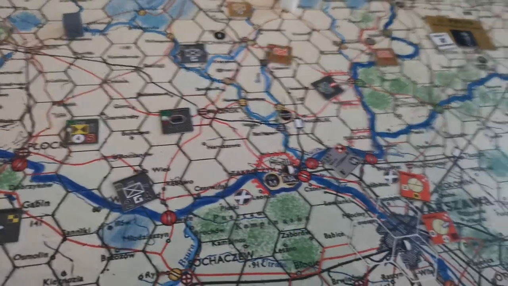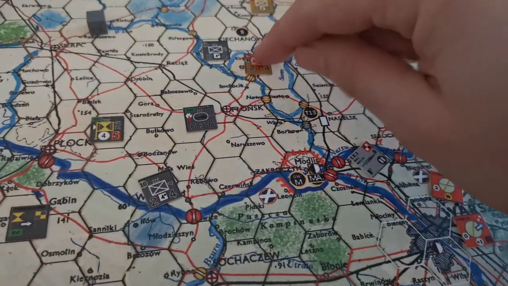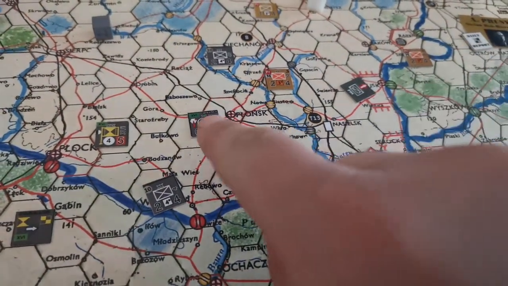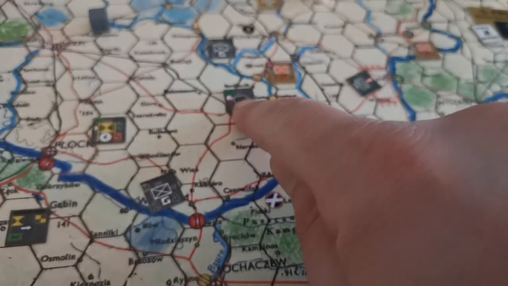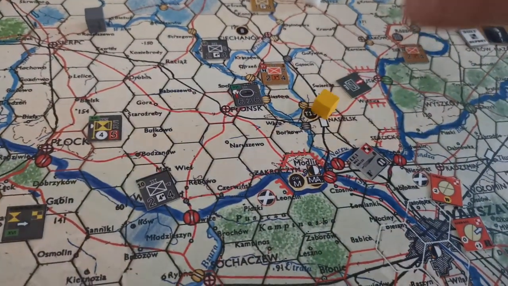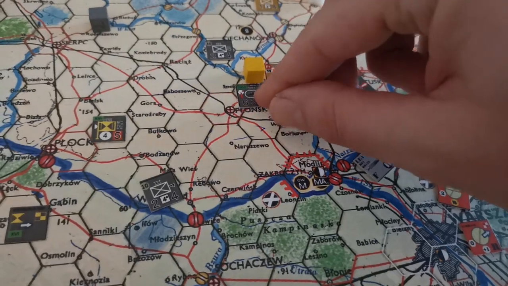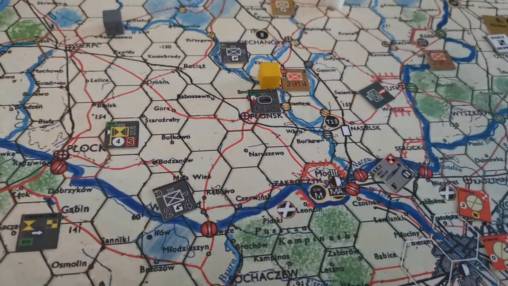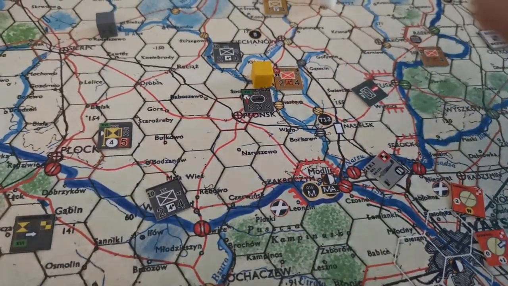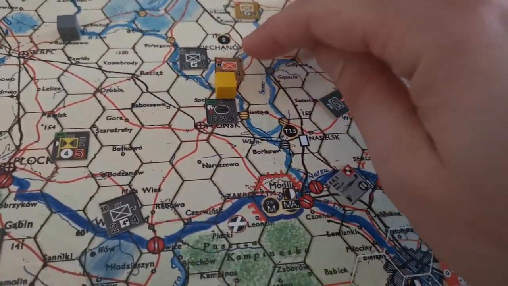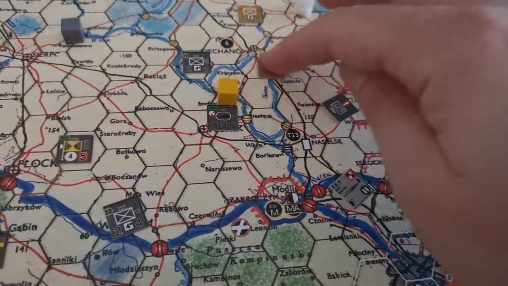secure the bridge. So let's say this unit stands here. Armored unit goes next to the bridge. Bridge is blown up. Panzer unit cannot cross this river anymore. So what would the Polish player do? Block this bridge from being rebuilt.